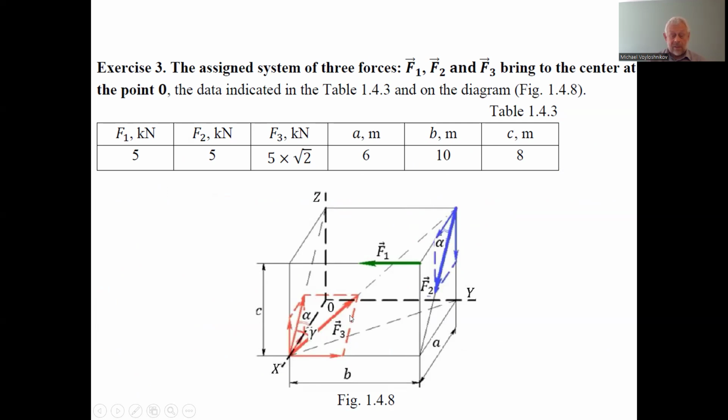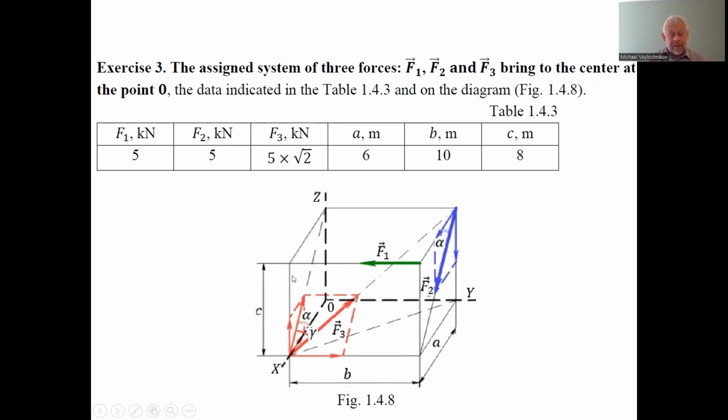We consider the right angle triangle here, with the right angle here, and the legs of this triangle are B, which is 10 meter, and the x-z leg size. We use the Pythagoras theorem.